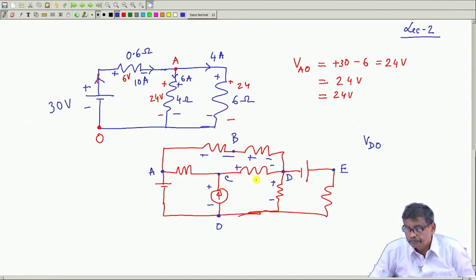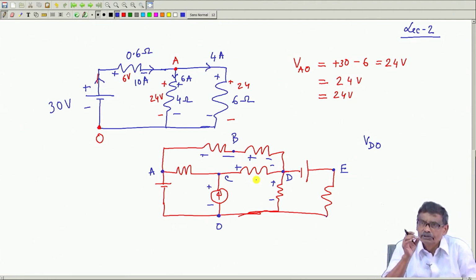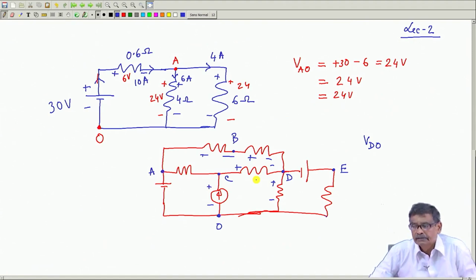Therefore, given a circuit, after you have solved the circuit, you know all the currents in the branches of the circuit. After knowing all the currents, you know the voltage drop across each element, and then, as I told you, choose 2 junctions, 2 points in the circuit.